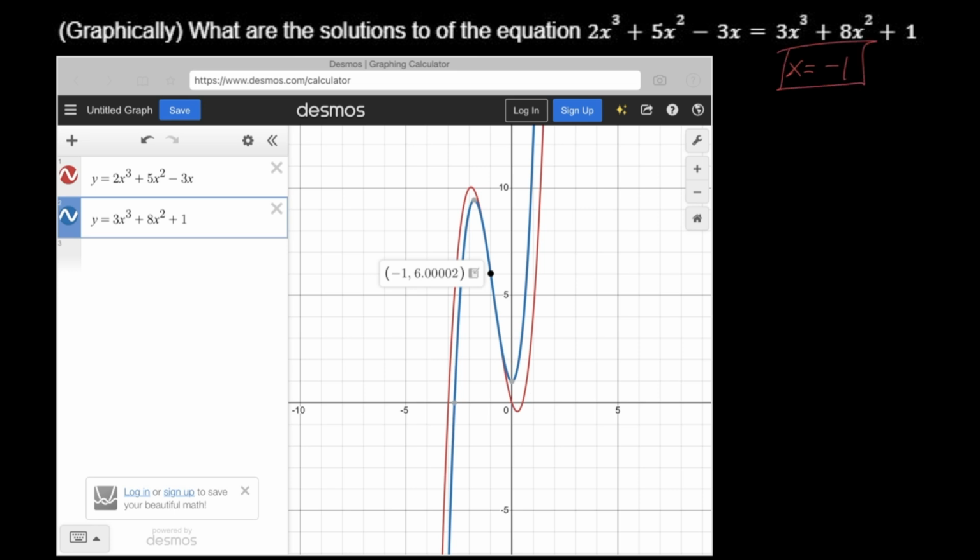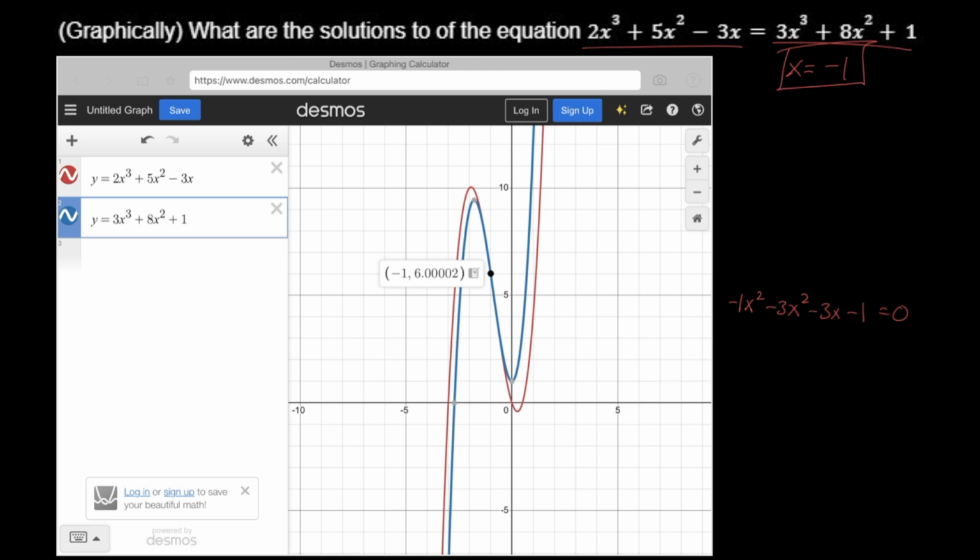Sometimes with the polynomial functions, it can be easy to miss solutions. So another option for this type of equation, when you're solving it via the graph, is to move everything to one side. So if I were to move everything to one side, depending on which side I moved stuff to, I would end up with negative 1x to the third minus 3x squared minus 3x minus 1 equal to 0.